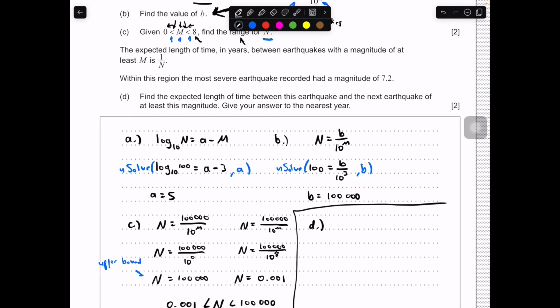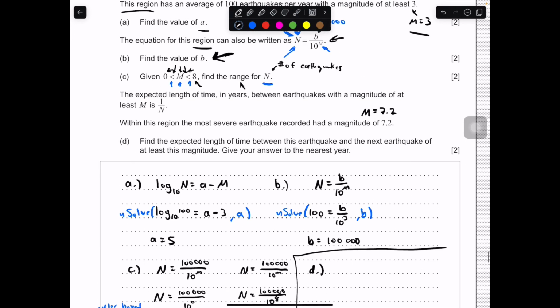Within this region, the most severe earthquake recorded had a magnitude of 7.2, so m was equal to 7.2 in this instance. Find the expected length of, sorry, I think there's something right above. The expected length of time in years between earthquakes with a magnitude of at least m is 1 over n.